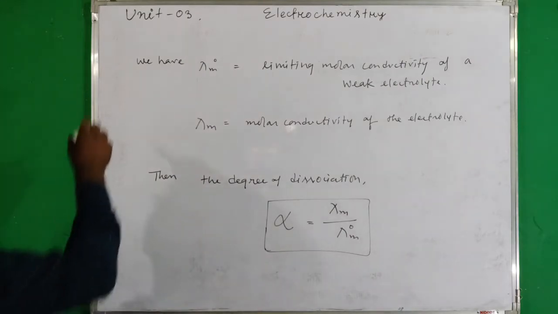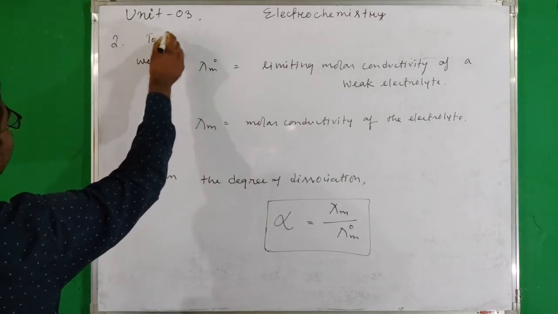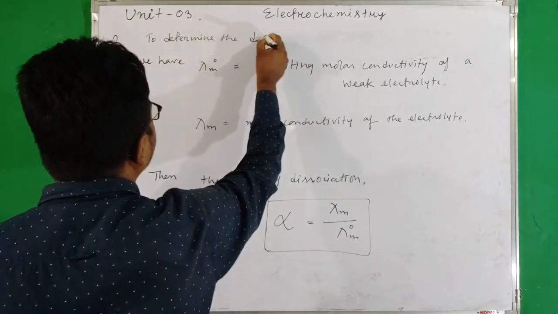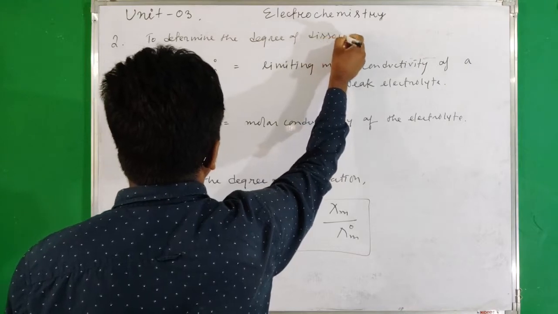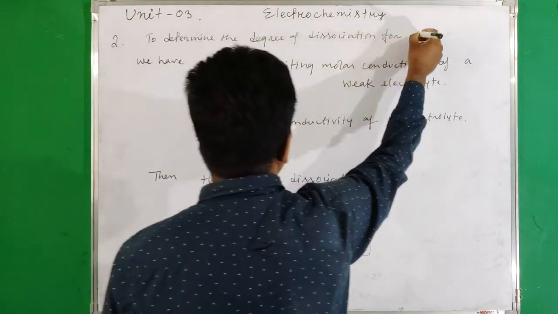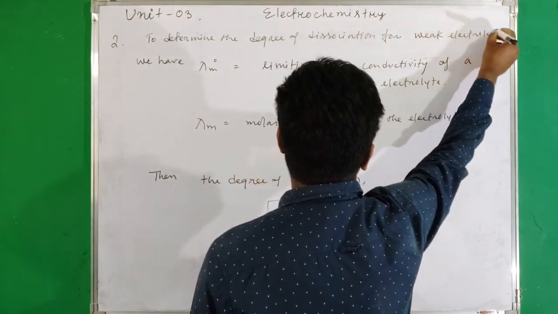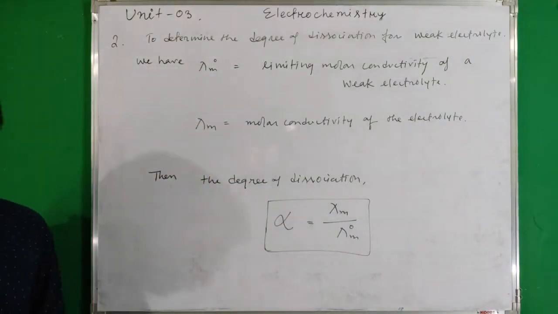So another application of Kohlrausch's law is to determine the degree of dissociation for a weak electrolyte.